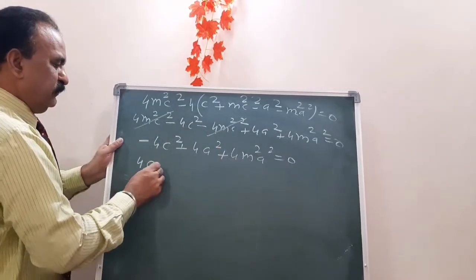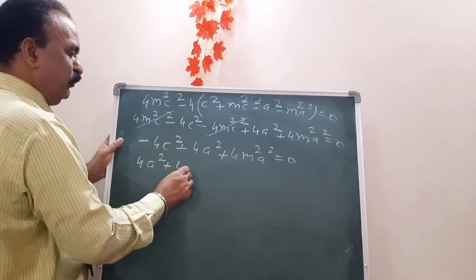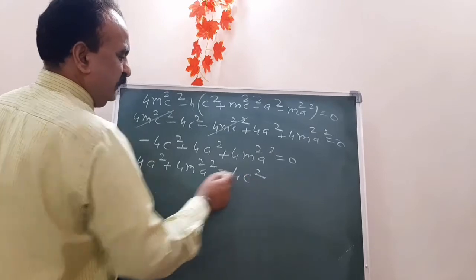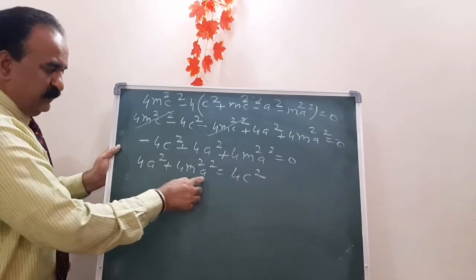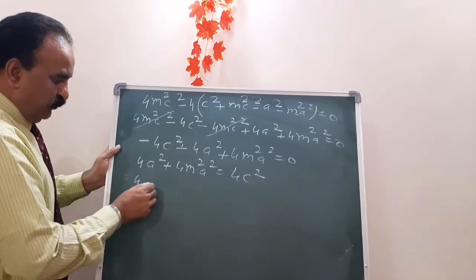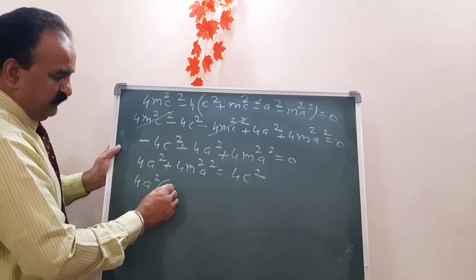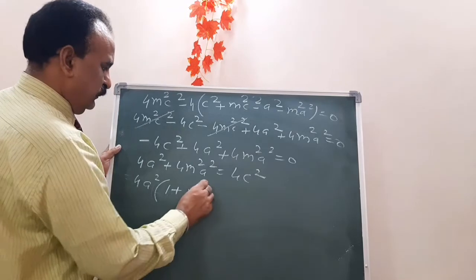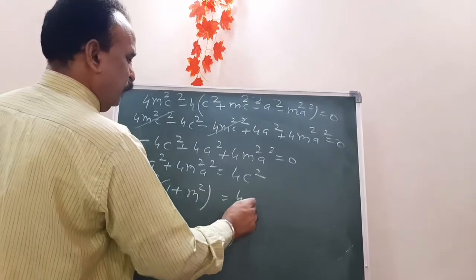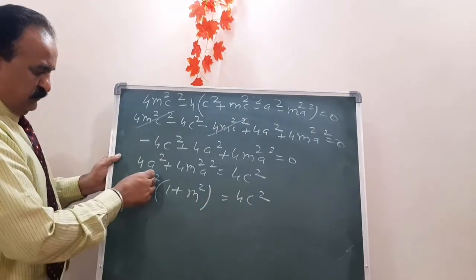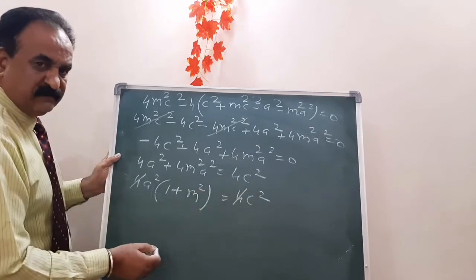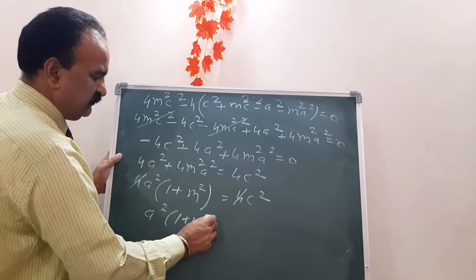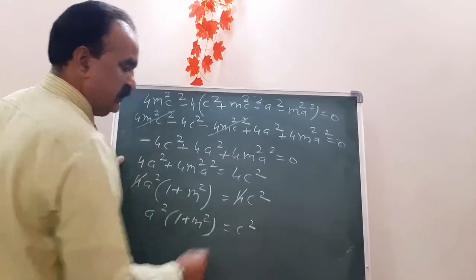So 4a square plus 4m square a square is equal to 4c square. Now you take 4 common and a square common. 4a square common, in the bracket 1 plus m square, is equal to 4c square. These 4 and these 4 cancel. It means a square into (1 plus m square) is equal to c square.